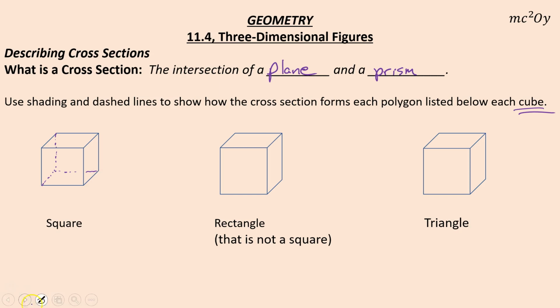Okay, now if I had a plane that cut through, say the middle here, we just took and we sliced through the middle of this, or anywhere in this cube, we would end up with a shape that looked like that.